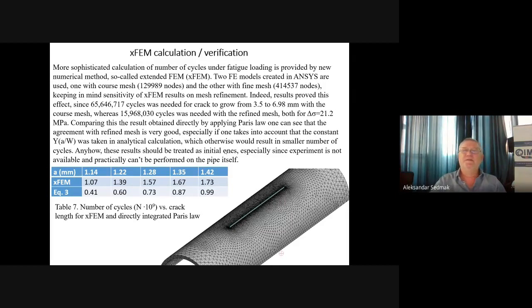And then in that case, we used the real geometry. You can see it here. And this was done for another virtual crack that would grow from initial length of 1 millimeter up to, in this case, 142.